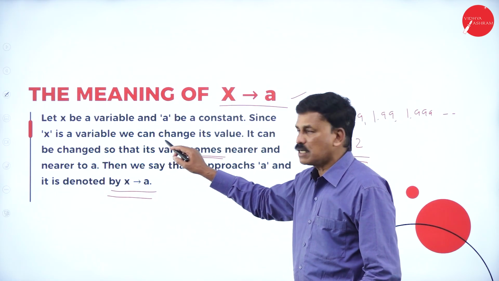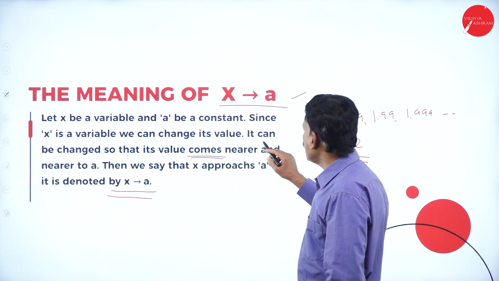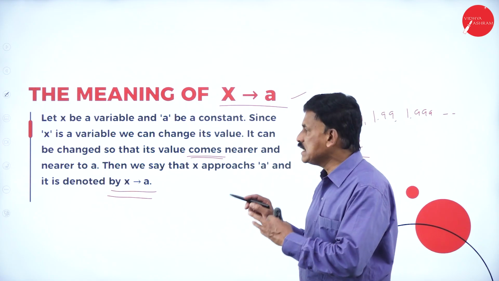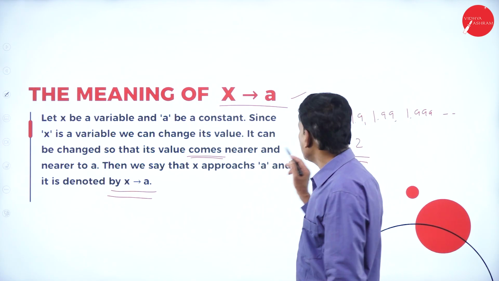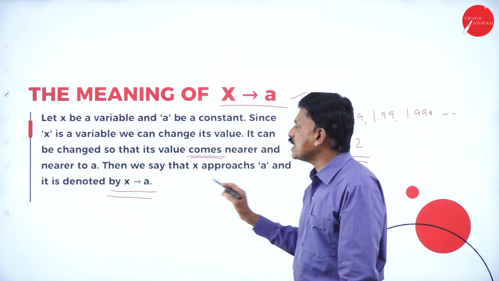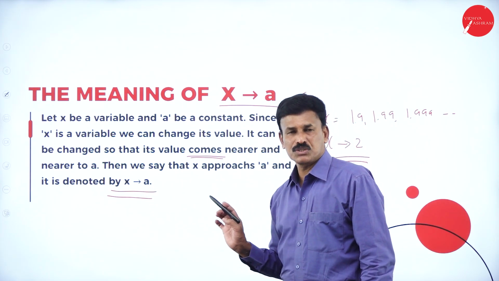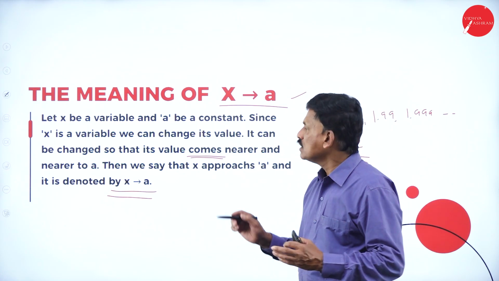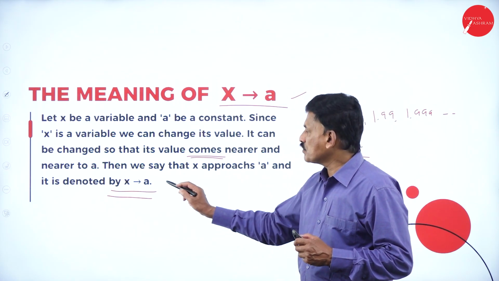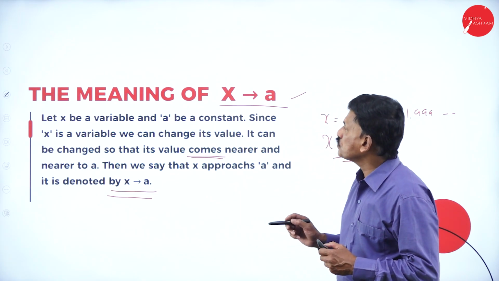Since x is a variable, we can change its value so that its value comes nearer and nearer to a. We can say that x approaches a and it is denoted as x tends to a. That means the value of x is nearly equal to a.